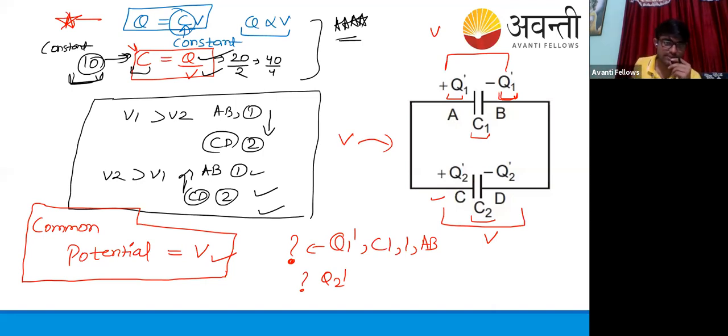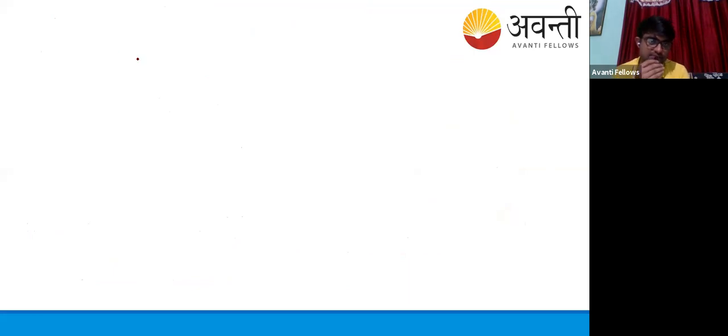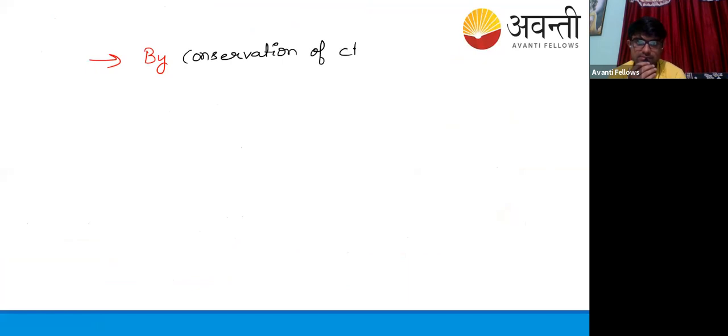Okay. So for that I'm doing a derivation. So the derivation is this. Listen. See, you can write this in your notes. It will be better for you. By conservation of charge. I'm writing it in a neat manner. By conservation of charge. I told you initially what the condition was.